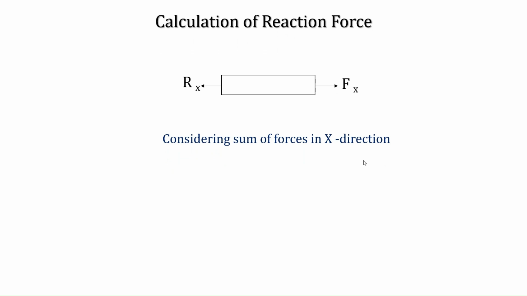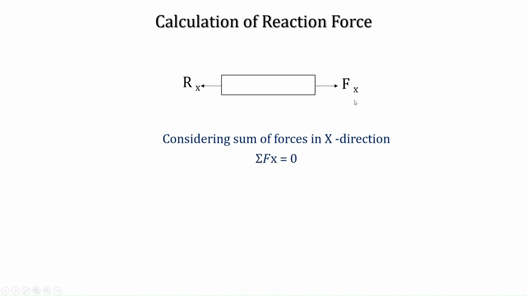Firstly, let us proceed with the calculation of the reaction force. Writing the free body diagram, we can see that a reaction force is a force which is opposite to the applied force. The force Fx is the tensile force which is acting away from the origin, so the reaction force will be in the direction opposite to the applied force.